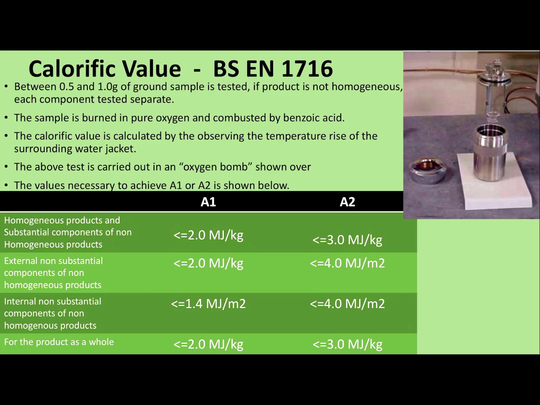So anywhere between 0.5 gram and 1 gram is mashed up in a pestle and mortar to create a powder, and then it's mixed with benzoic acid, which I never expected to see here. Benzoic acid is a natural product found in plants, but it must be very easy to calculate its calorific value, and it must be quite combustible, otherwise it wouldn't be used in the test.